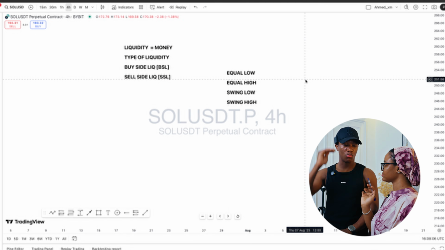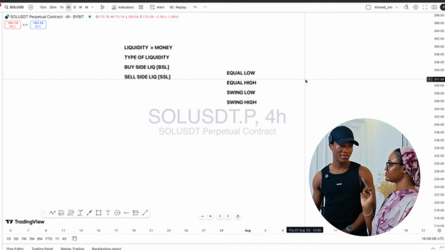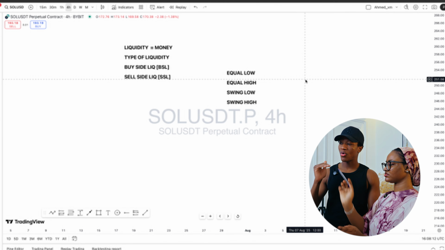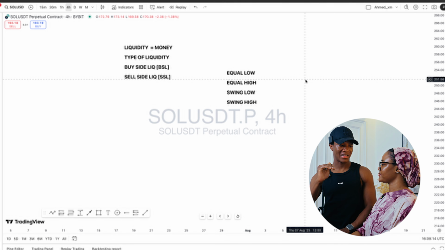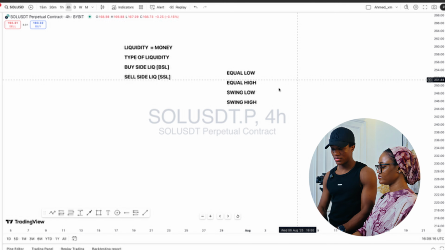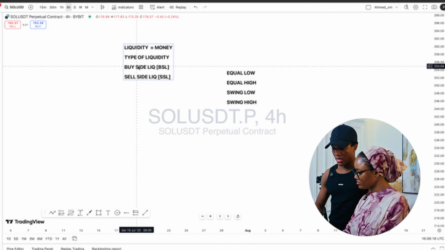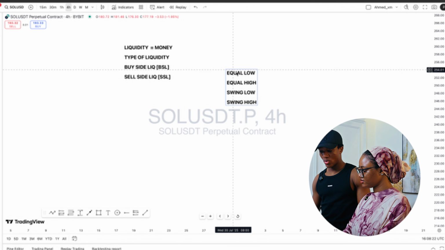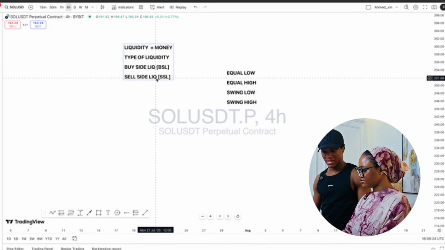When you have equal highs to the top side, that is an example of buy-side liquidity. So equal high is an example of buy-side liquidity, and equal low is an example of sell-side liquidity.